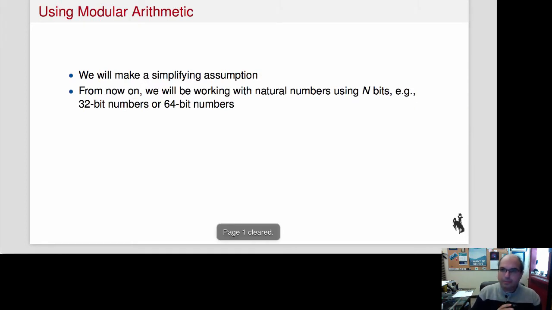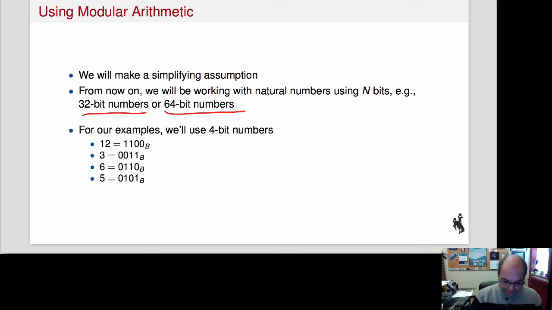So I'm going to start by making a really simple assumption, and that is that I know what word size we're using in the computer. So if we're talking computer arithmetic, it could be 32-bit numbers, it could be 16-bit numbers, 64-bit numbers. For the examples, we're going to use 4-bit numbers, okay?